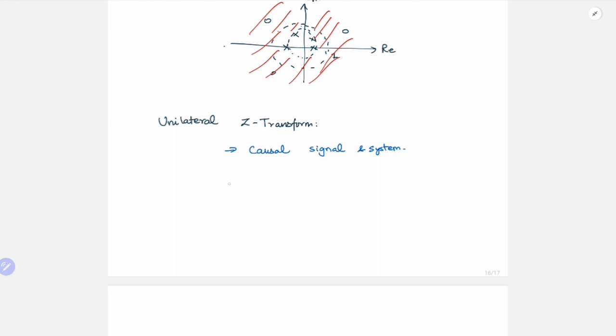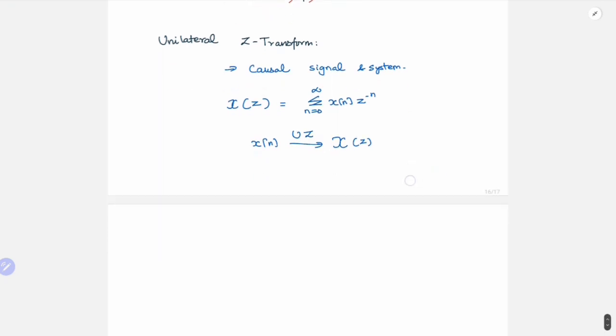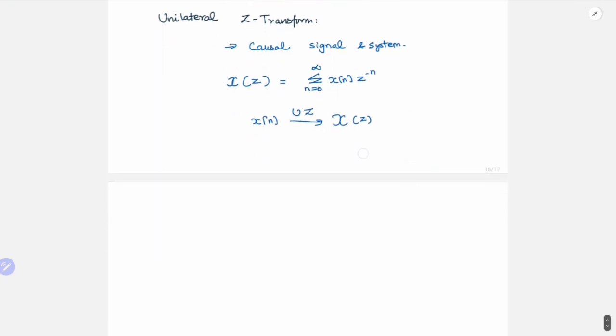I'll write X like this to represent it differently from the bilateral Z transform. It is going to be the summation n equal to 0 to infinity of x of n z power minus n. So my x of n has the unilateral Z transform X of z. I'm just representing it in a bigger size, different from the small x.